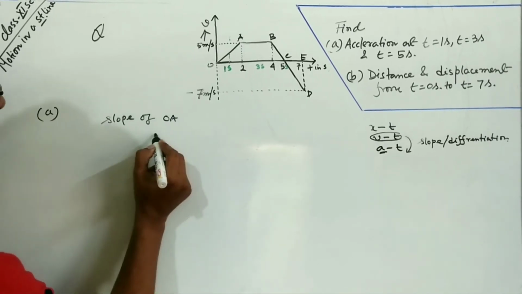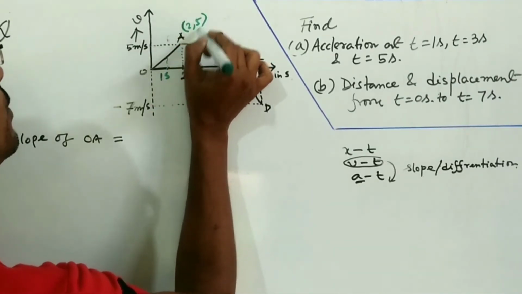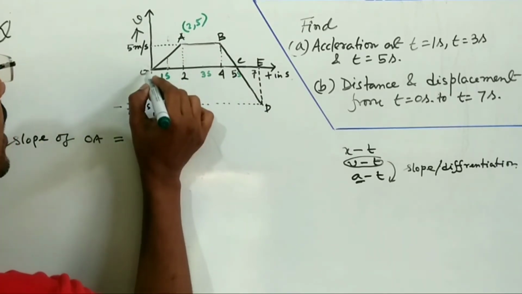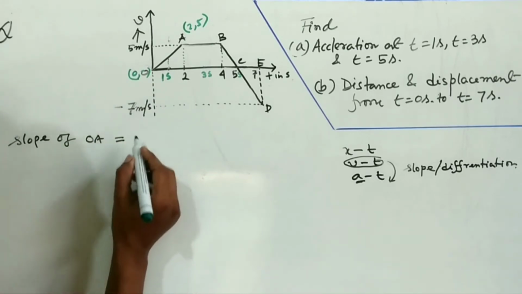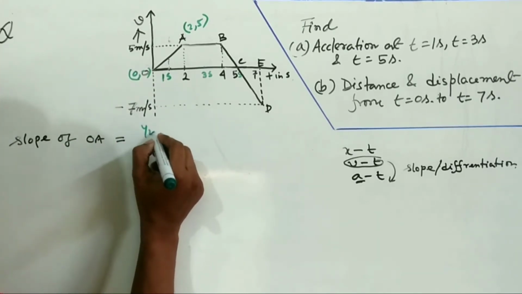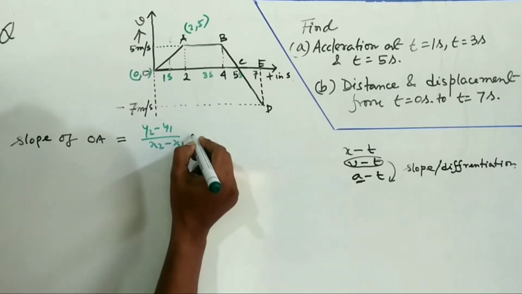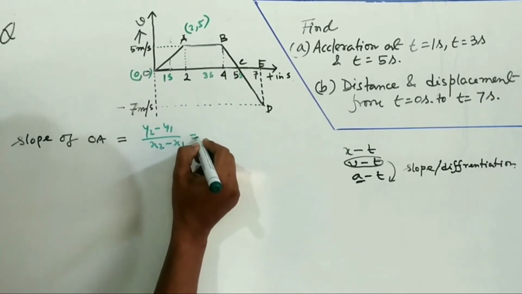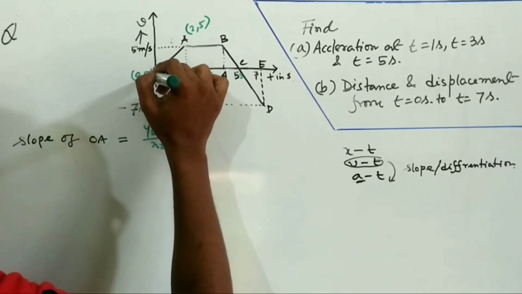OA. The coordinate of y will be 2, 5, because this is 5 meters per second, and this is the coordinate 0, 0. Now we have the formula, slope is equal to (y2 minus y1) by (x2 minus x1). This is y2, this is y1.